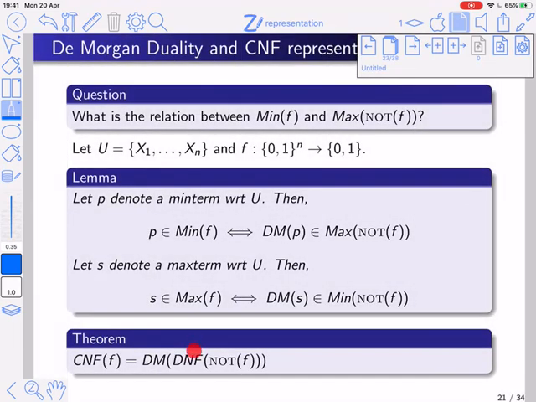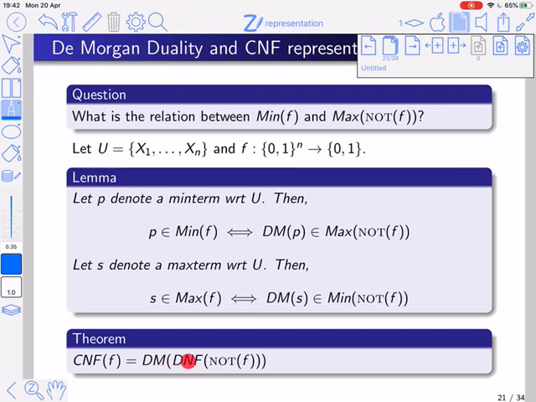Now, we want to prove this theorem: if you want to obtain a CNF formula that expresses the function f, then what you could do is the following. You can take the negation of f, compute a DNF formula that expresses the negation of f, and apply to this DNF formula a DeMorgan dual.